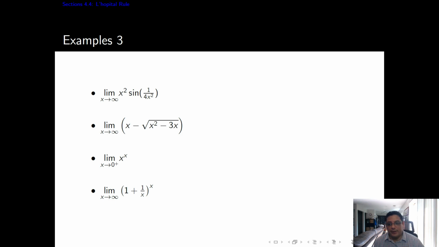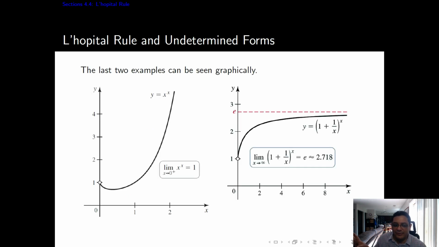So to finish up, notice that the last two examples can be seen graphically. We have the function x to the x, and we can see here that when we're approaching 0 from the right, this is going to 1. If you plot this in Desmos or a calculator, you can see where this function is going when you're approaching 0 from the right.